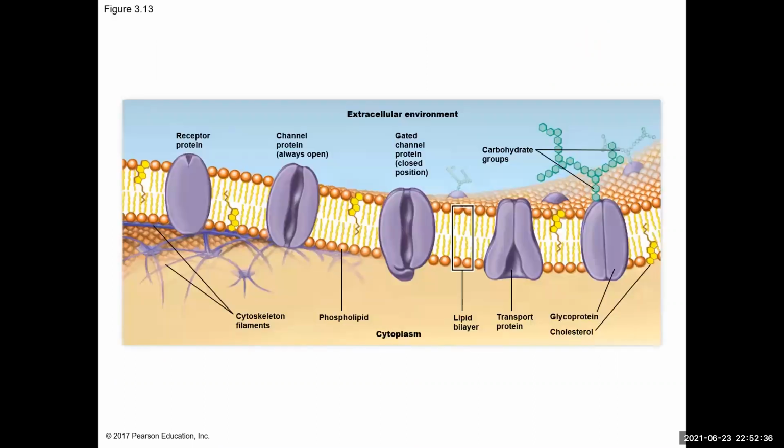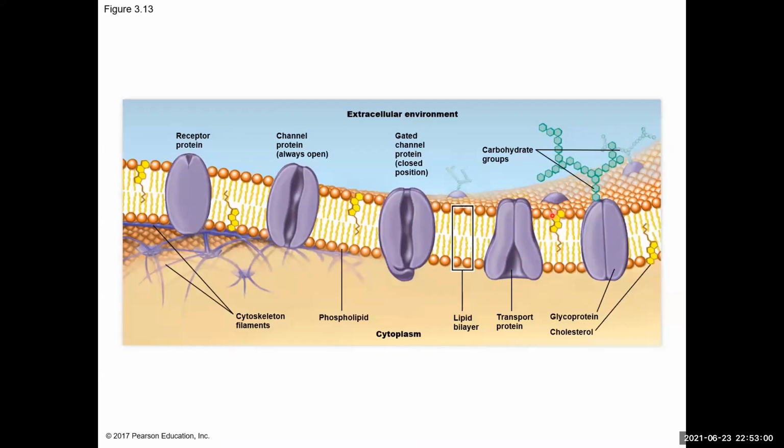So here we have an image of a typical plasma membrane where you have your phospholipid bilayer, which is highlighted by this rectangle here. You have different types of proteins and channels that allow different ions and molecules to move in and out of the cell. We'll talk about those a little more later.